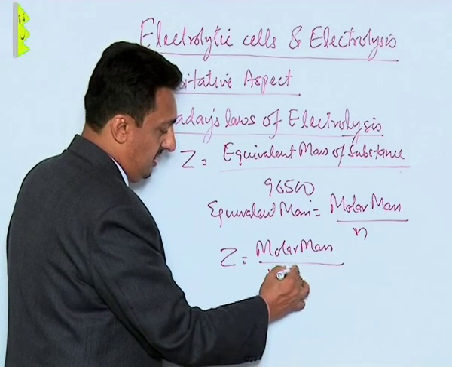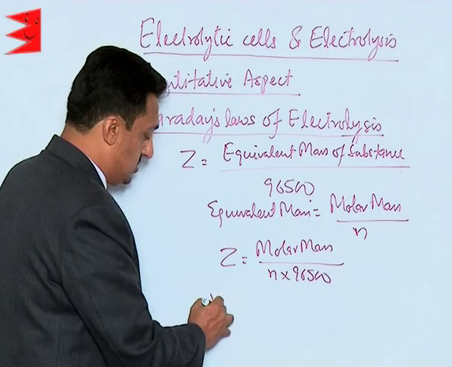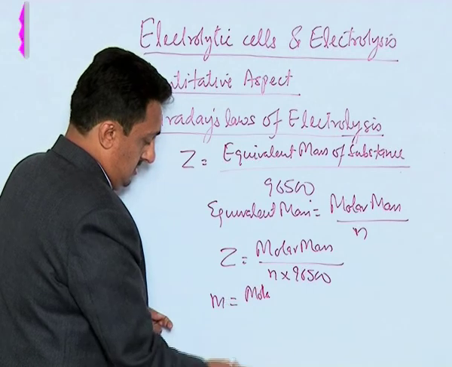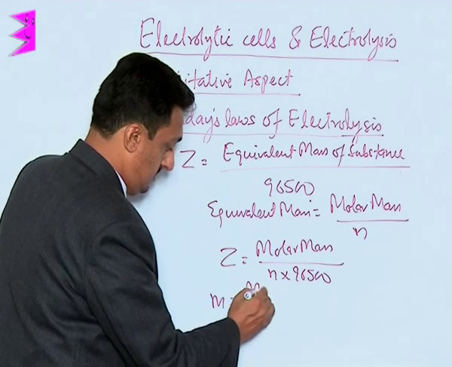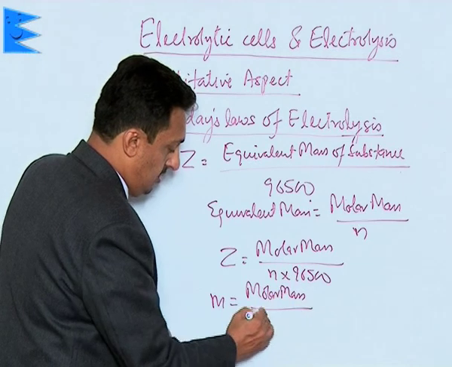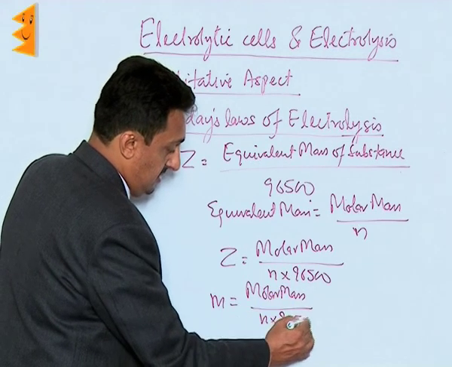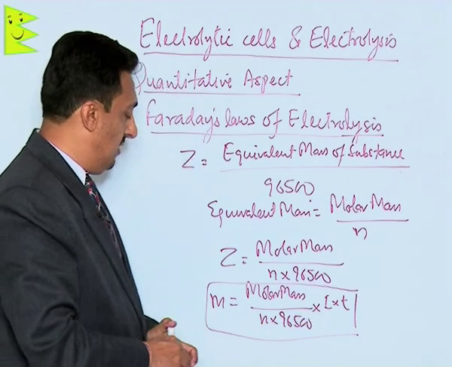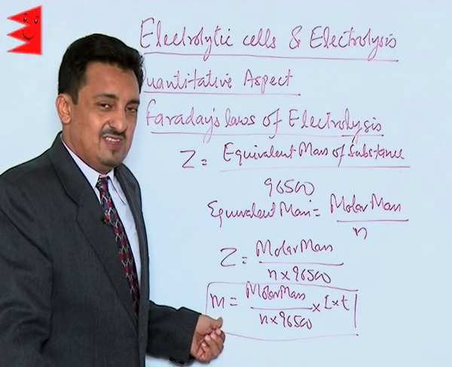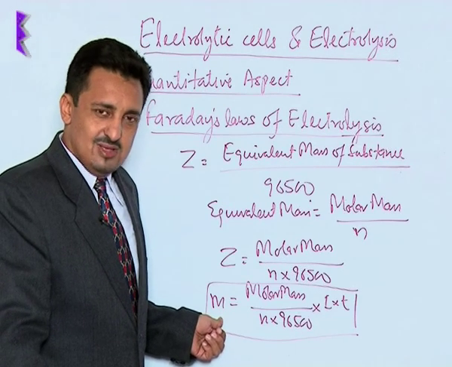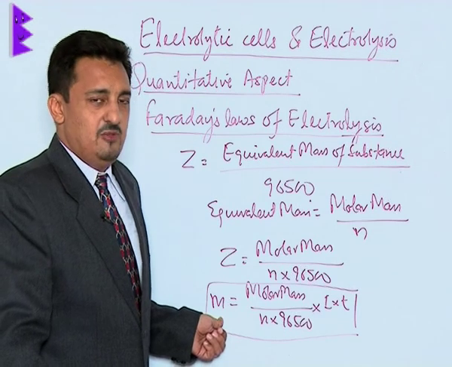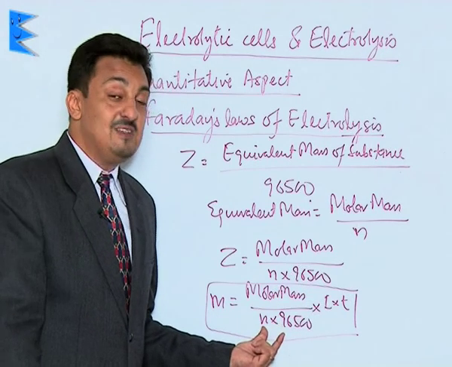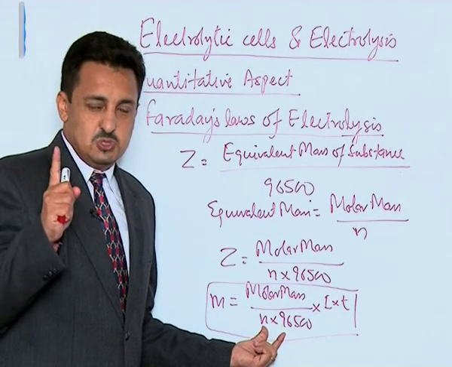So we can write the Z as molar mass upon n into 96500. So the formula which we can get can be written as M equals molar mass upon n into 96500, into I and into T. This is how we can find out the amount of substance deposited during the electrolysis at a particular electrode, which depends upon the charge passed multiplied by the substance deposited by 1 unit charge, which is 1 coulomb.